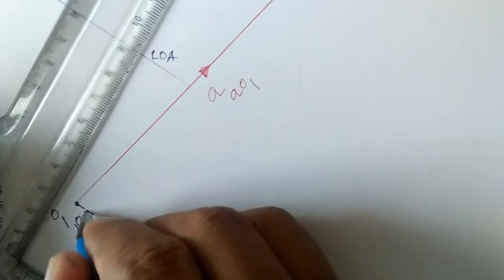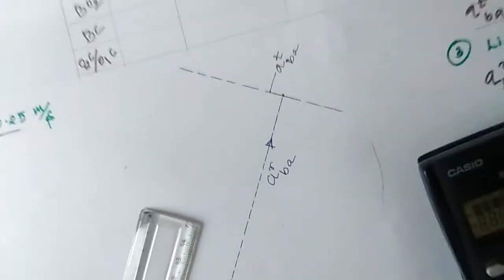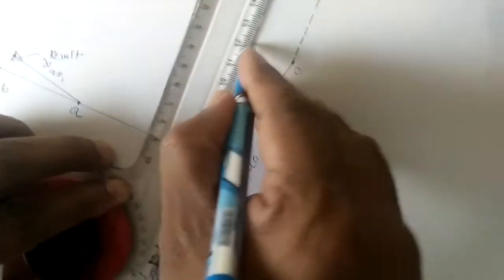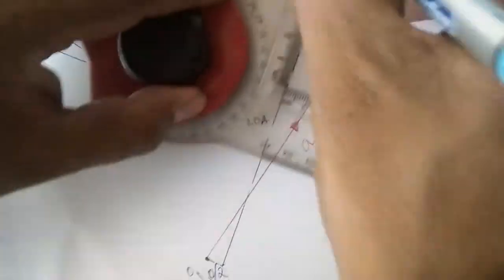This is called the radial BO2. Can you find it? Then the tangential is perpendicular to this only. I draw this also. This is also a line of action only.